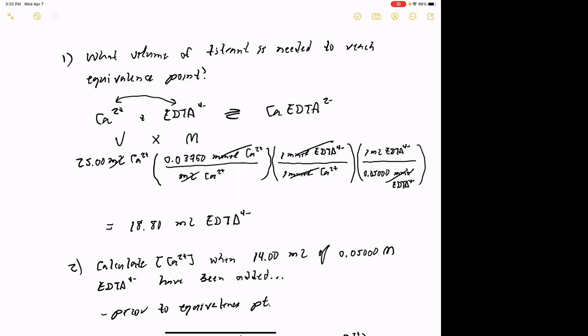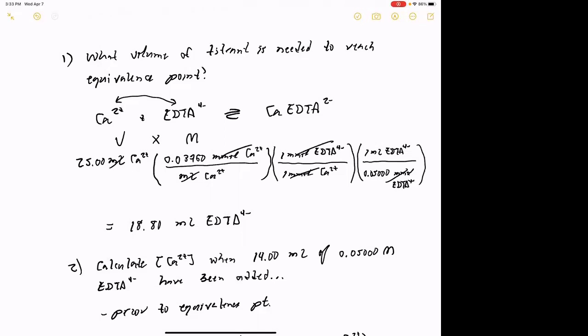Once I've got that, I can set up a mole bridge between the calcium and the EDTA, and we see it's a 1-to-1 mole ratio. Once I have the millimoles of the EDTA, I can use the molarity of the EDTA in that last step to calculate the volume of EDTA I need to reach the equivalence point. This is really nothing more than a bonding level stoichiometry problem. Was everybody all right with number 1?